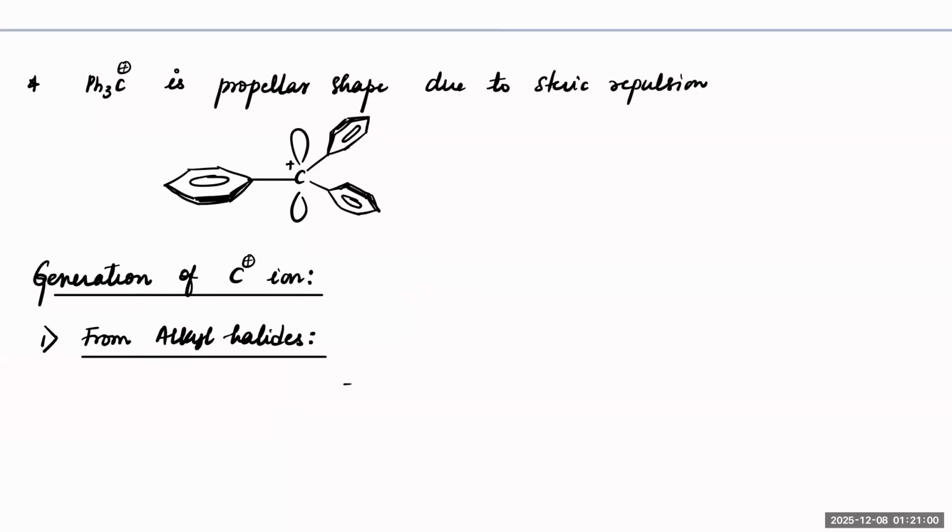Next, if we are talking about a carbocation with three phenyl groups on it, three benzene groups on it, this would usually exist in a propeller shape instead of planar structure. If these groups are all in a planar surface, then they will have more repulsions between their electronic clouds.